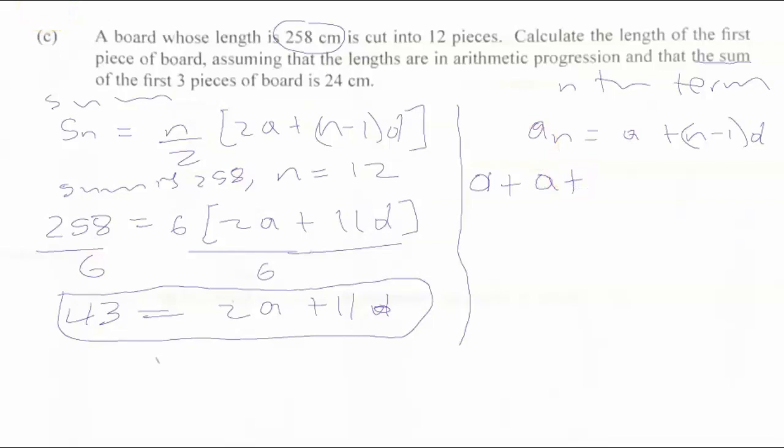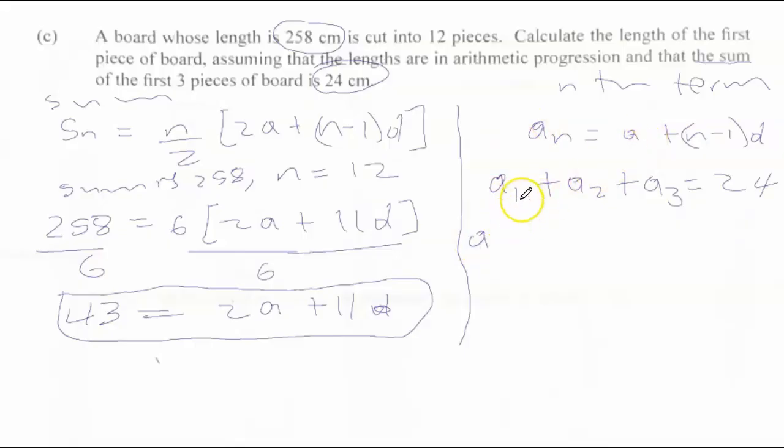Let me put it another way, just to be clear: I'm going to call the first piece A subscript 1, the second piece A subscript 2, the third piece A subscript 3, and the sum is equal to 24.